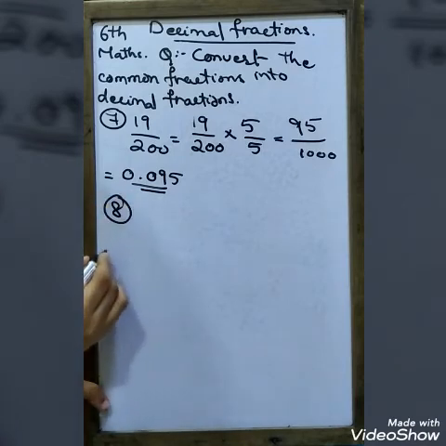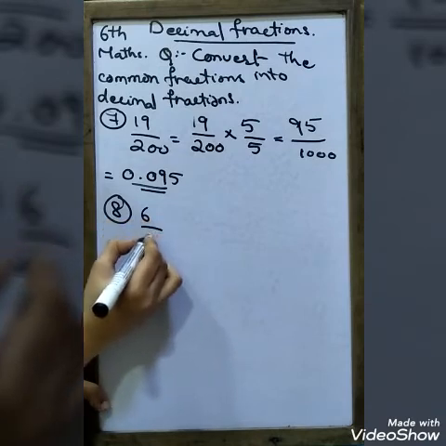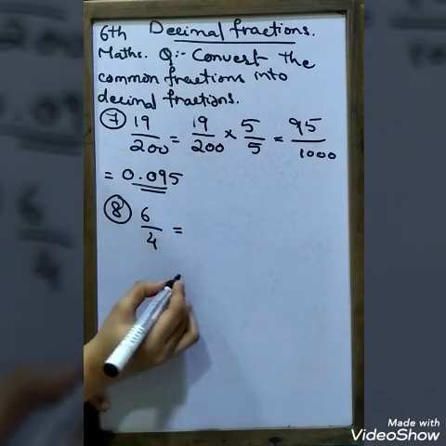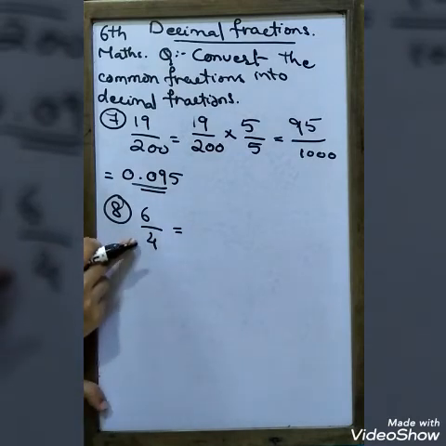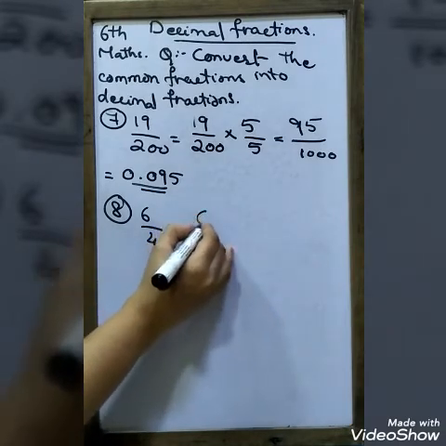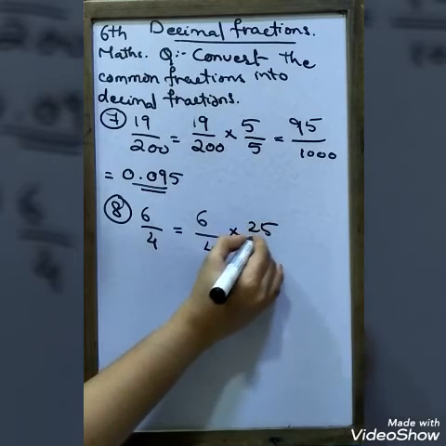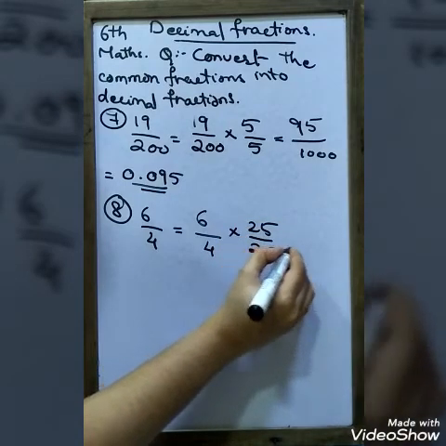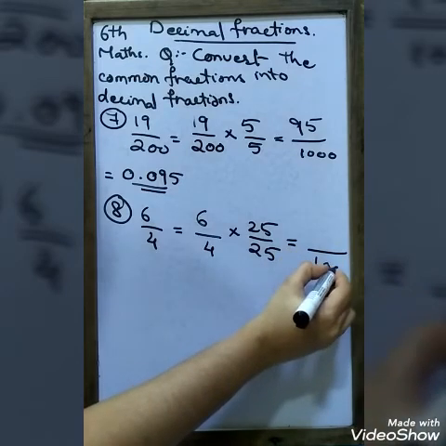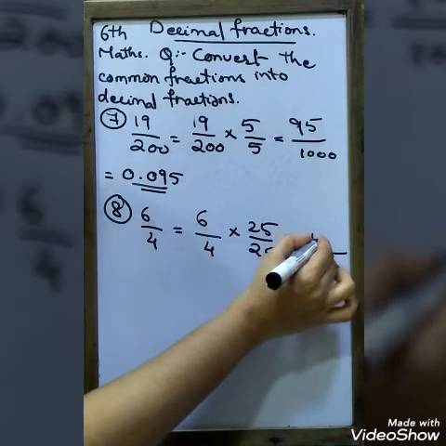Now the 8th question, 6 upon 4 is equals to, now this 4 again we are supposed to multiply by 25. So here 6 upon 4 into 25 upon 25 is equals to, here it becomes 100, and 25 6s are 150.